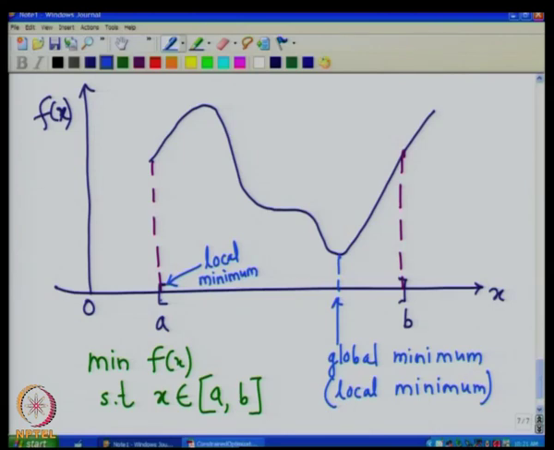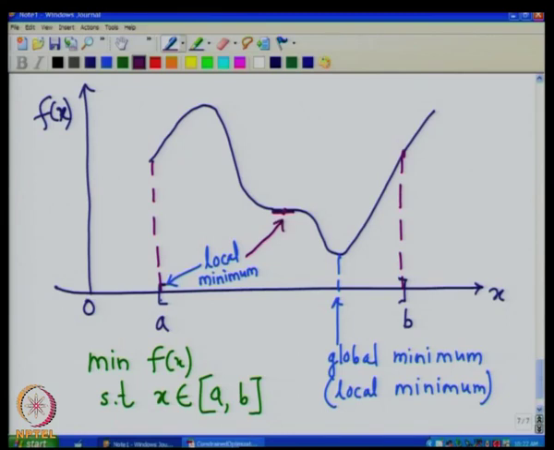And if you look at this point, in the neighborhood you will see that the function value does not increase, or in the neighborhood the function value does not decrease. So, this also is a candidate for a local minimum.